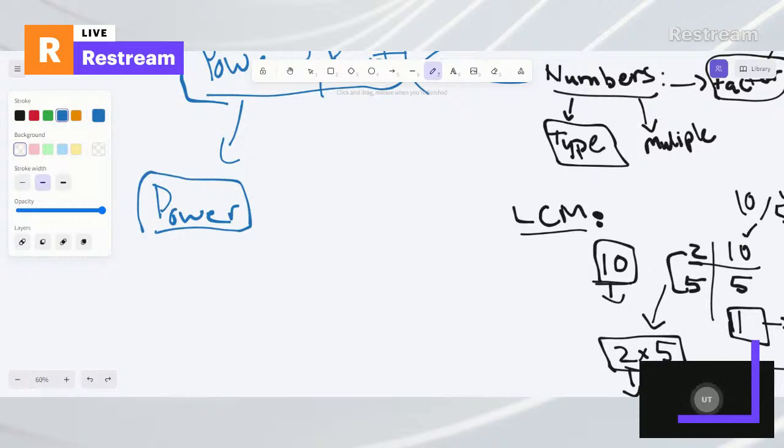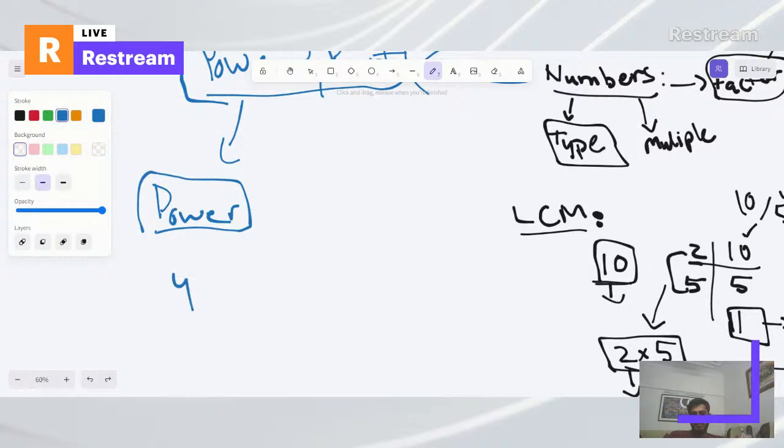Let's say you have a number, let's say 4. This is called the base, and if it has nothing over the top, it means that it has 1 as a power. Any number that has a power of 1, the answer would be that number only.